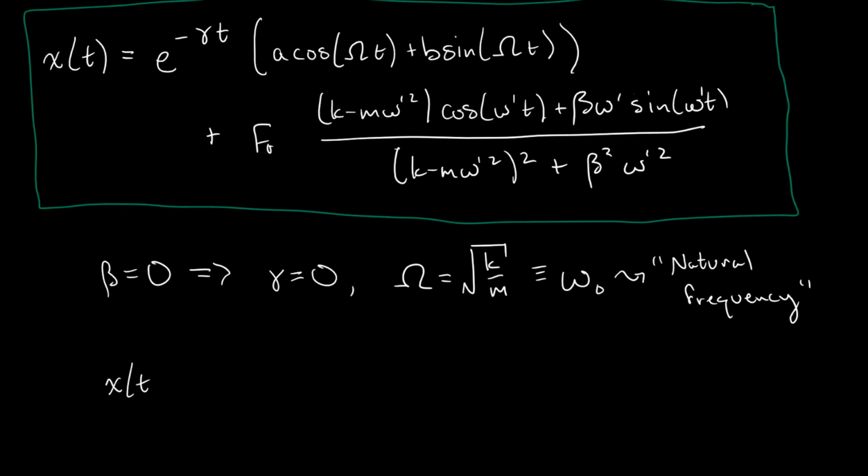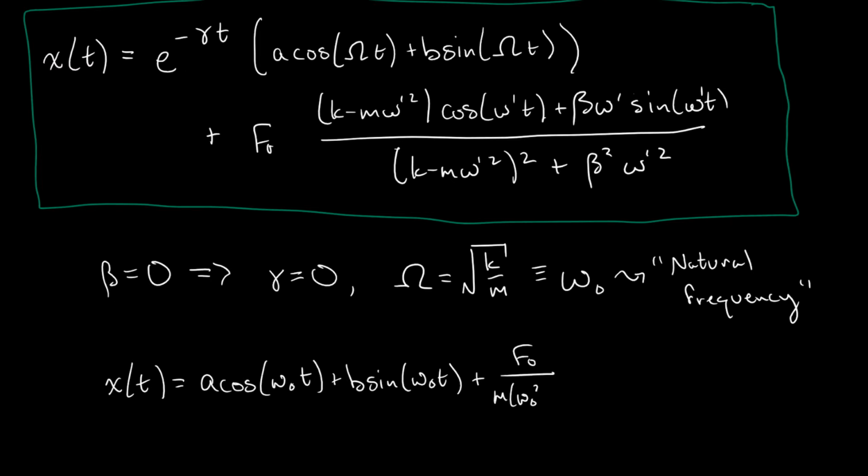And so now, looking at all this stuff that I wrote up here, I can simplify that down and get something like a cosine omega naught t plus b sine omega naught t plus F naught over m(omega naught squared minus omega prime squared) cosine omega prime t.